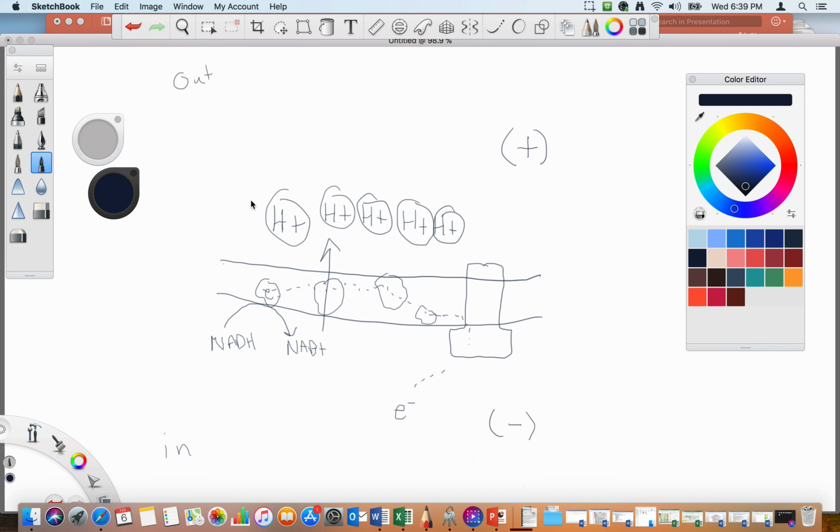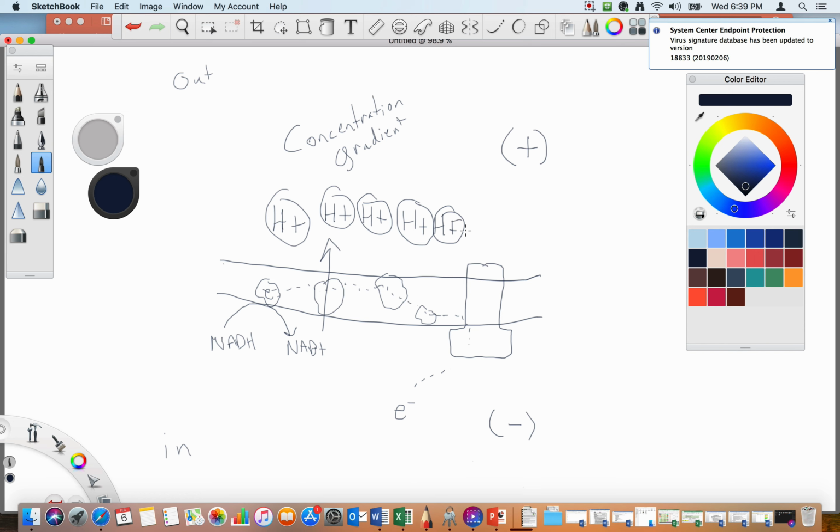We have this electrochemical gradient, or concentration gradient, outside of the cell, and you should mostly all be familiar with concentration gradients. They like to go from a high concentration to a low concentration. So there's a natural attraction, because of the electrochemical charge and the concentration gradient, for these protons to go back into the cell. However, they cannot do that because they are not permeable to the cell membrane.